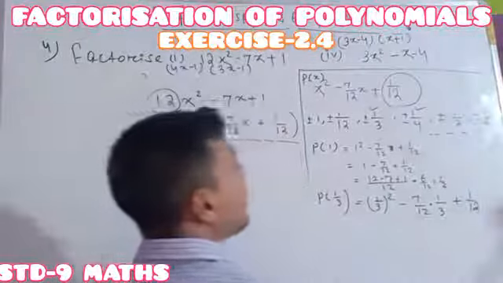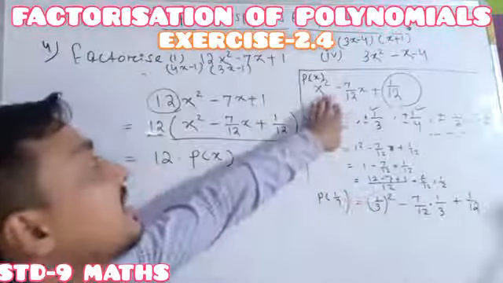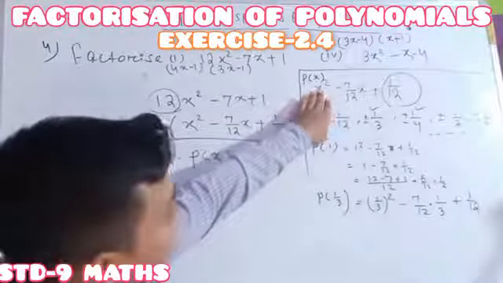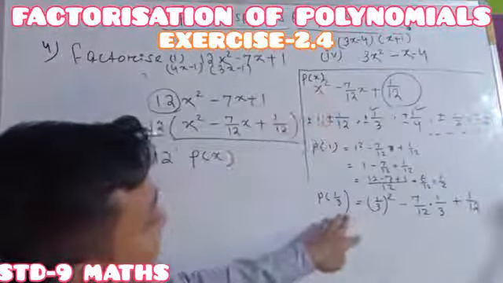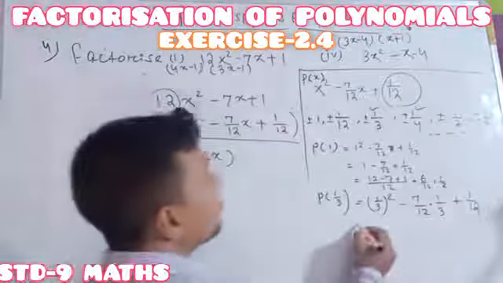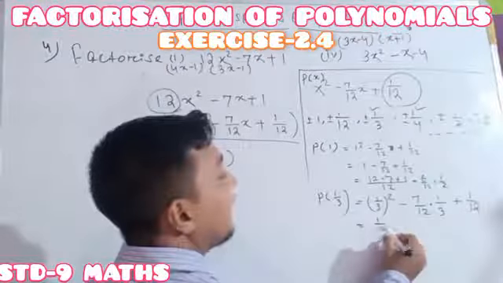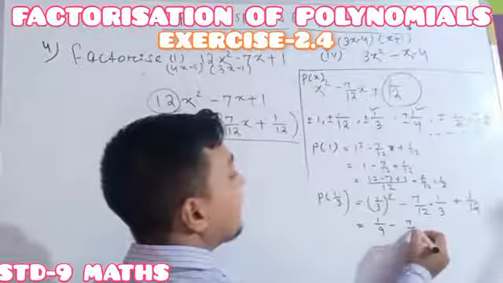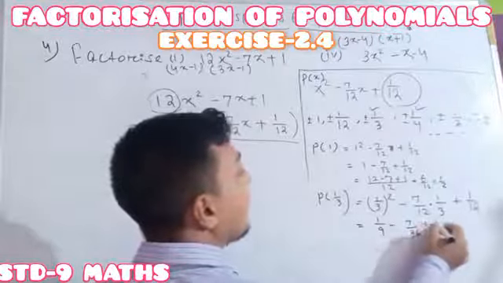It means p(x) is the polynomial value we are finding at x equal to 1 by 3, which is equal to 1 by 9, minus 7 by 36, plus 1 by 12.